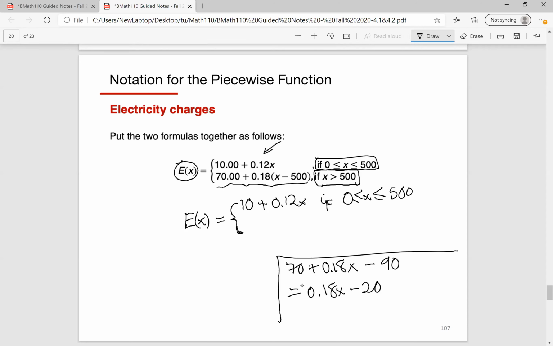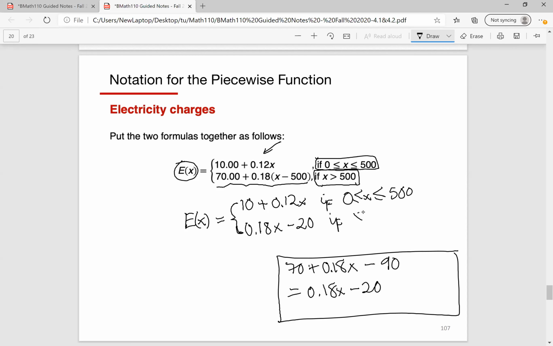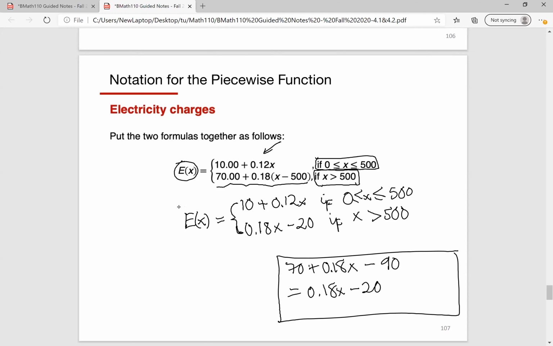So that is exactly the equation that I have above here. So we're going to have 0.18x minus 20 if x is greater than 500. Okay, so that should be the piecewise function of the cost for the electricity.